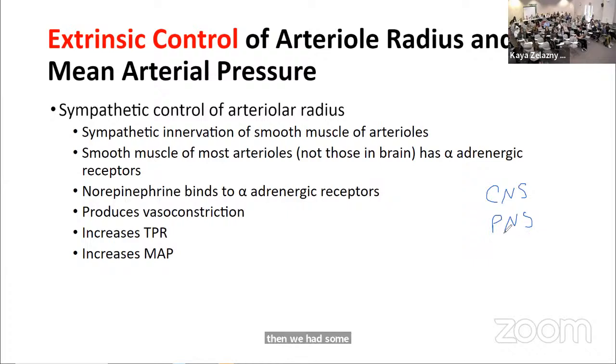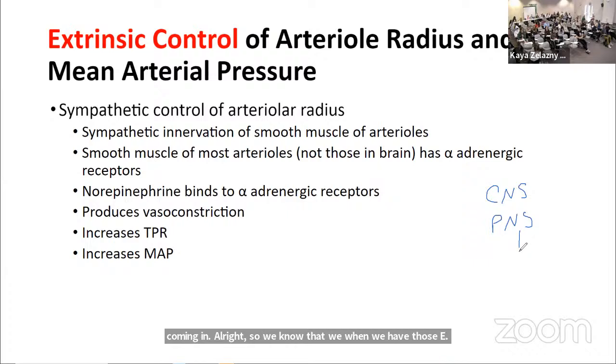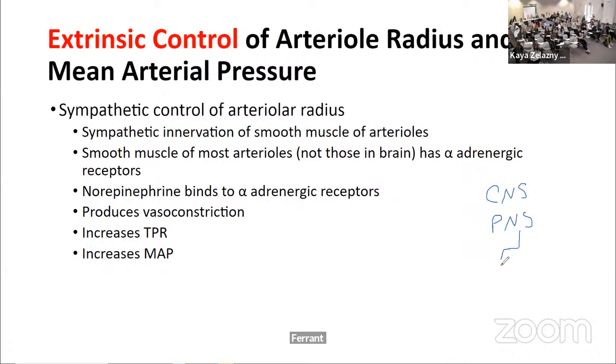So all of the nerves that we really focused on were motor nerves coming out of the central nervous system, going into the peripheral nervous system, right? We didn't really differentiate between signals coming in, right? So when we have those efferent, so efferent going out nerves, we had to break down between somatic nerves, right? Somatic.